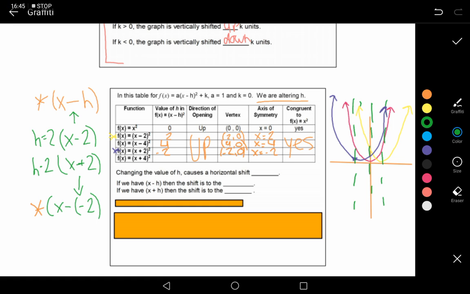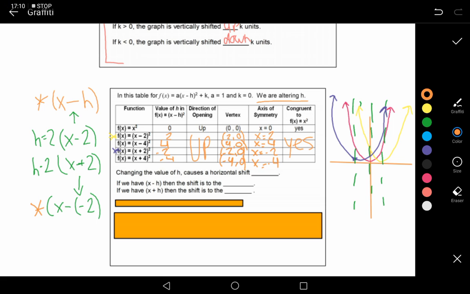So my axis of symmetry is x equals negative 2. And the last one here, it says positive 4. That means my value that I subbed in was negative 4, which means my vertex is at negative 4, 0, and my axis of symmetry is x equals negative 4.